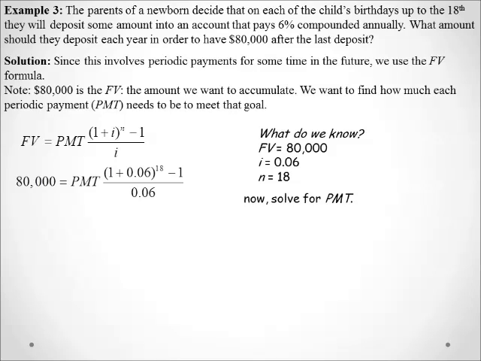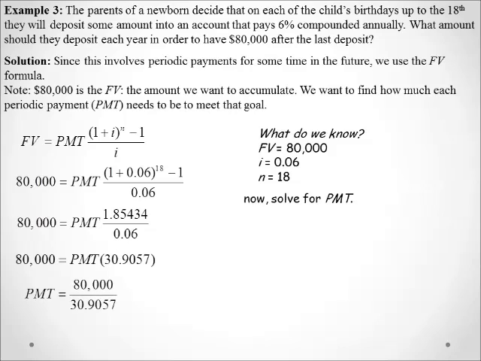Do the same thing. Combine the 1 plus the 0.06, raise that to the 18th power, subtract 1, and the top becomes 1.85434. Divide by 0.06. We get 80,000 equals the payment times 30.9057.